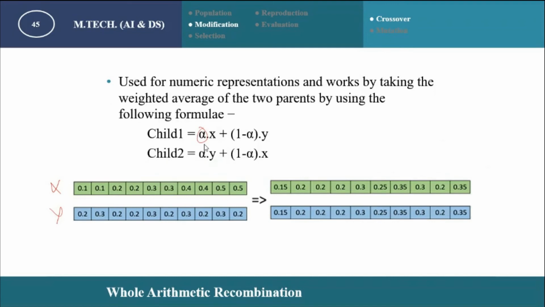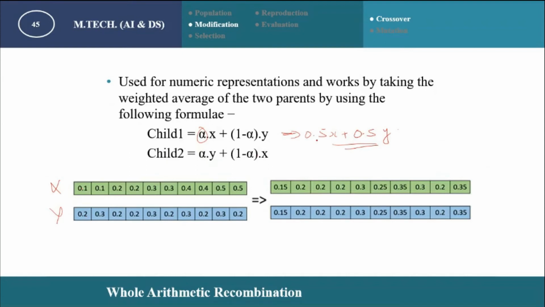In most of the cases, alpha is taken as 0.5. If alpha is 0.5, this will give you 0.5 times x plus 1 minus alpha, that is again 0.5 times y. So this is the simplest way of doing this whole arithmetic recombination. So this is x and this is y. So 0.1 and 0.2, the average of these two.